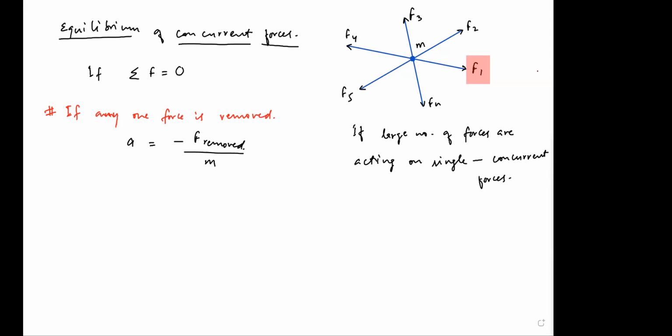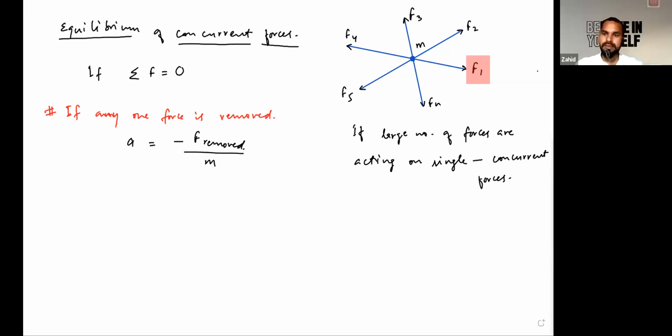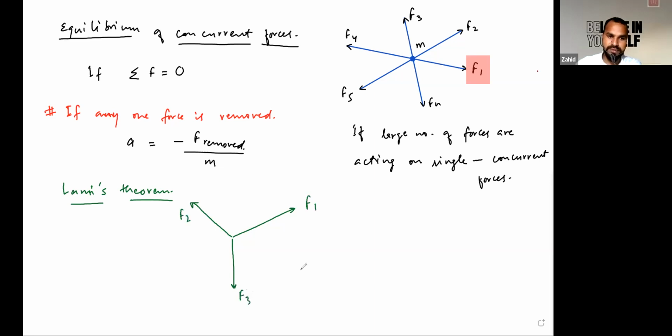Now, due to these concurrent forces, I defined you one relation in vectors about Lami's theorem. It was based on vectors. So let's say you have forces acting on a particular object along the directions F1, F2, and F3.